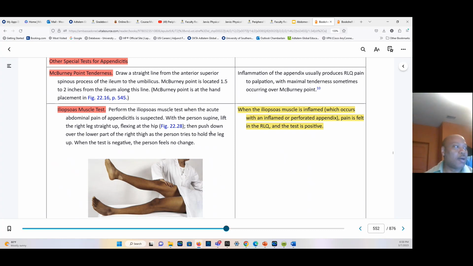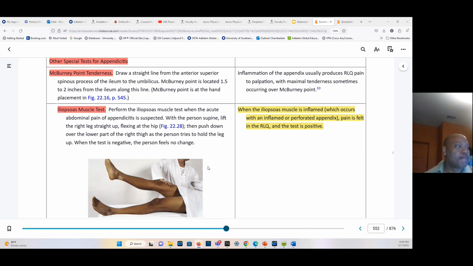Then we try to push down over the lower part of the right thigh as the person tries to hold the leg up. When the test is negative, the person feels no pain. Now, when this muscle is inflamed, which can occur with an inflamed or perforated appendix, pain will be felt in the right lower quadrant, and so this test, of course, would be positive. And you can see how they perform this test as well.